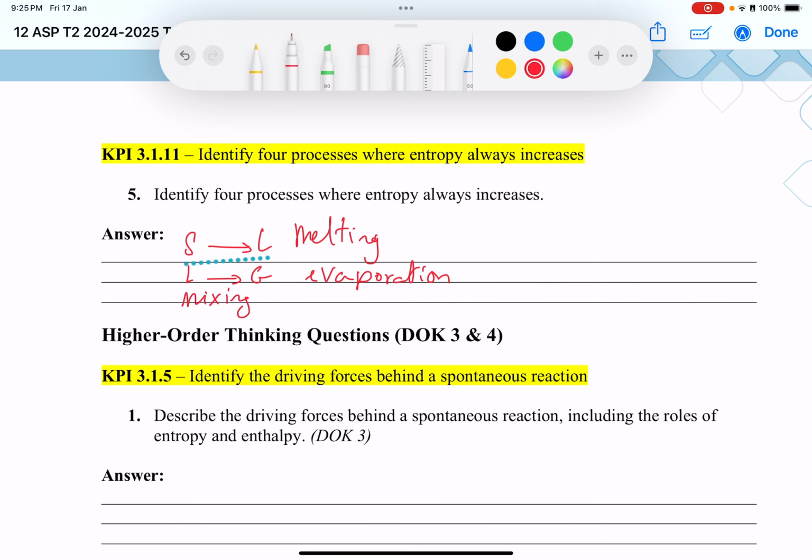Mixing, dissolving, mixing of gases, dissolution of solid solute in water. So from solid to aqueous, you can say dissolving salt in water. You can even name the salt. And from the aqueous solution, a dissolved gas escaping the solution. I can also give another example: dropping ink in a solution, so the ink will spread.